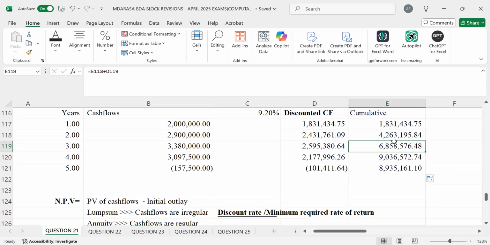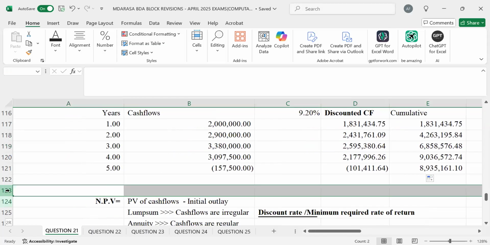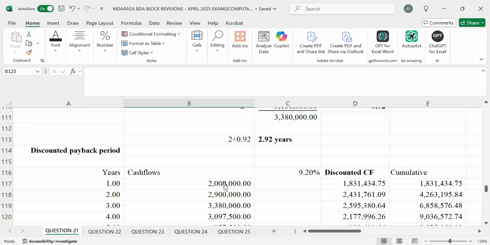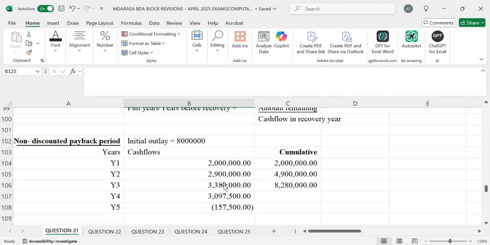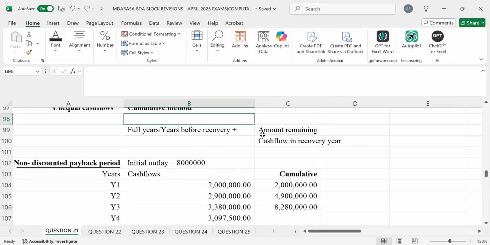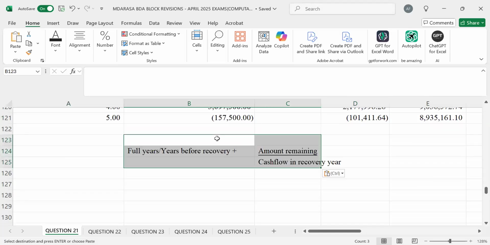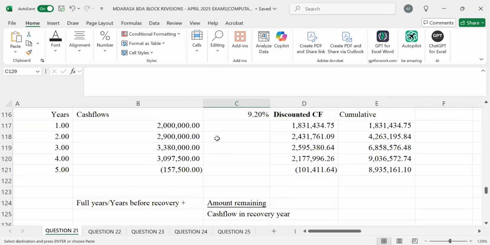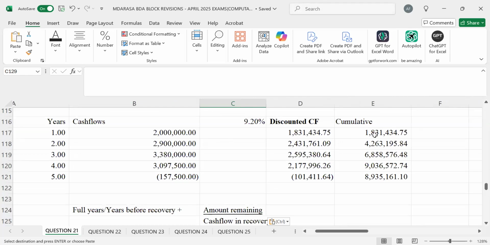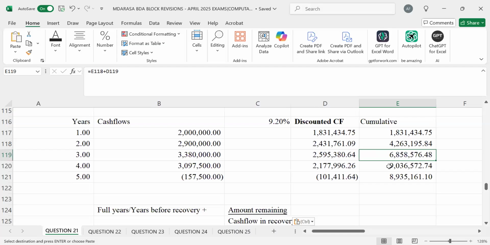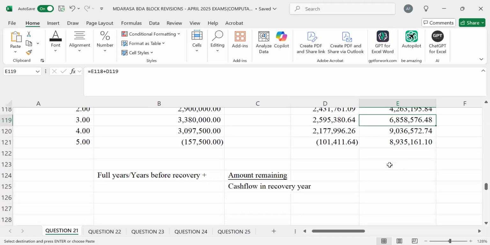After that, a similar concept will apply, whereby I'm going to apply this case here. We have year 1, year 2, year 3. So we are achieving our initial investment somewhere in year 4.